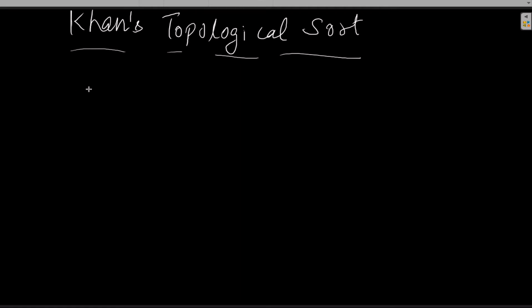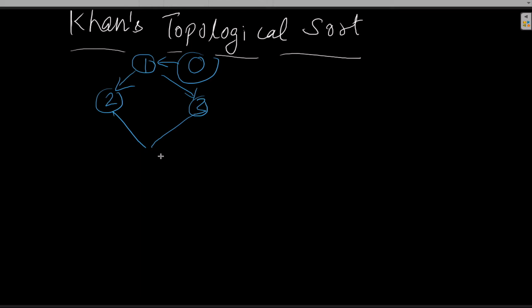Let's say we have a course schedule like this: 1, 2, and then 3. Actually this should start from 0, so let's say there is 0 here. 1 depends on 0, and 2 and 3 depend on 1, and then let's say there is another course here which is 4, and then there's a 5.